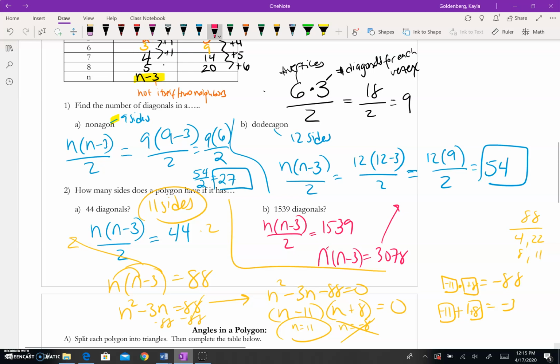If I do the same steps and distribute and get everything on the same side, I'm going to have n squared minus 3n minus 3078 equals 0, just to save some time. So I need, similar to before, two things that multiply to be 3078 and that add to be a negative 3.